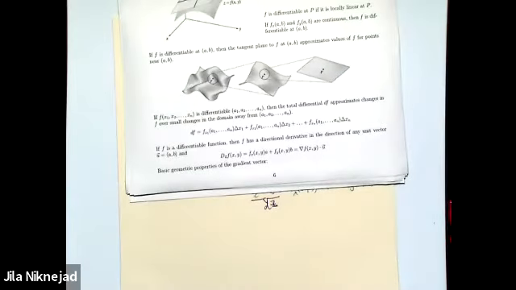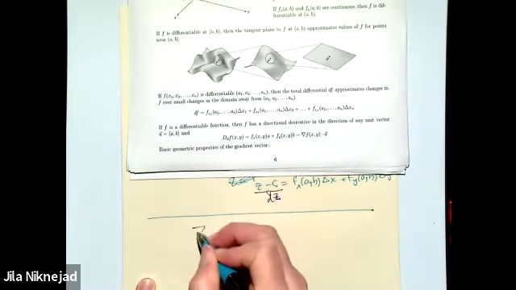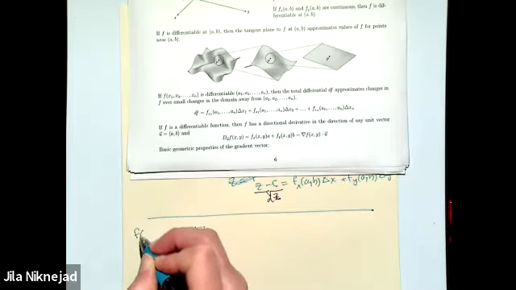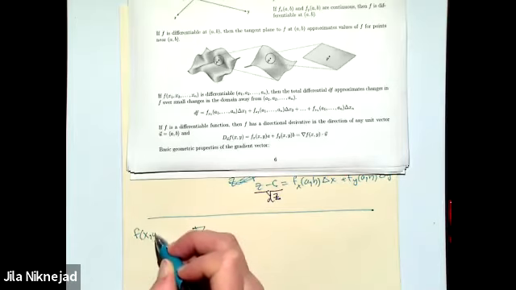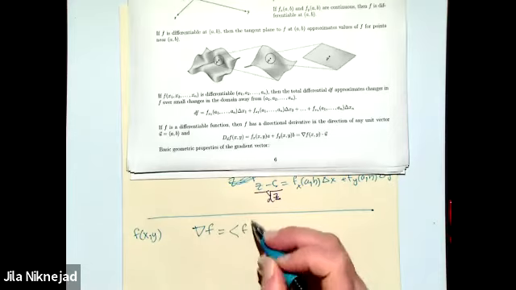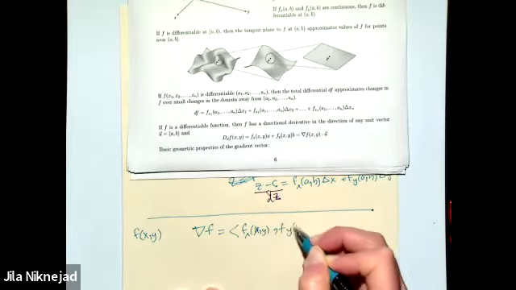It's the directional derivative. So what is a directional derivative? Oh, gradient vector first. What is a gradient vector? If f of x and y is differentiable, then the gradient of f is going to be f sub x at x and y, and f sub y at x and y.